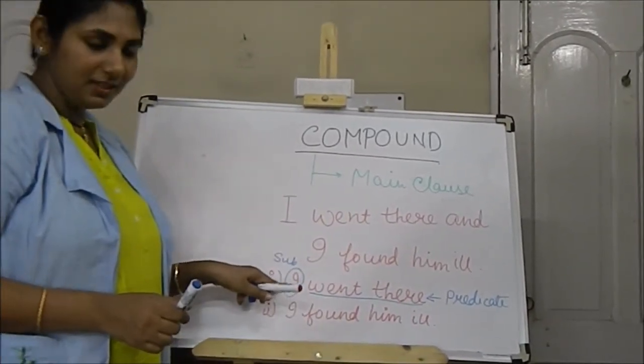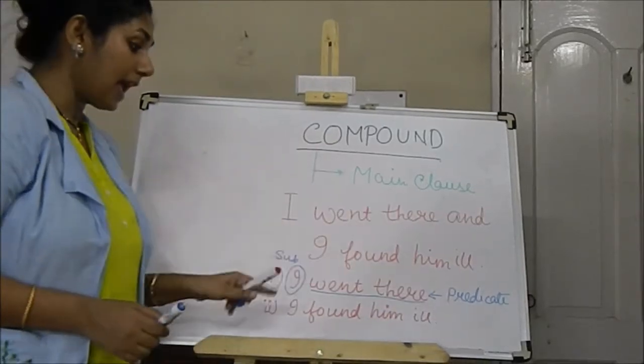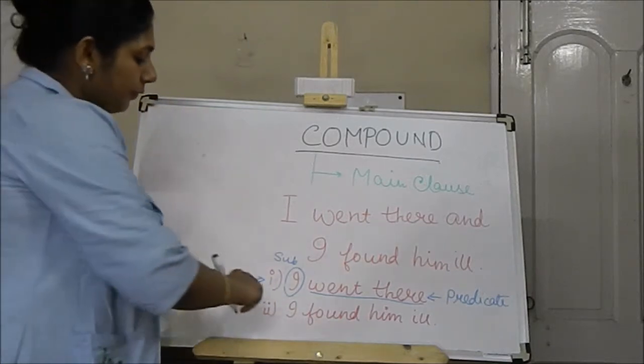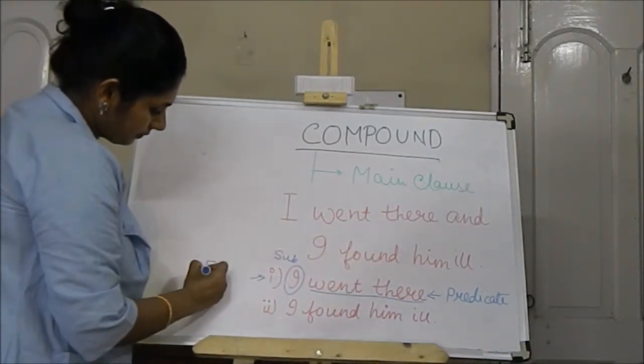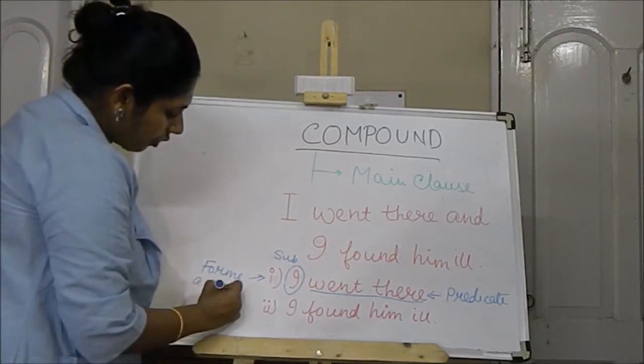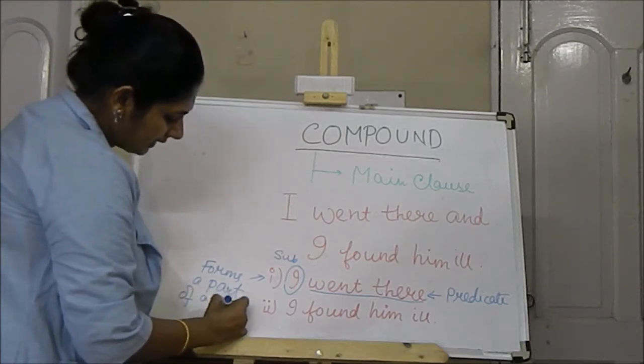So I is the subject and went there is the predicate. And another thing is that it forms a part of a sentence.